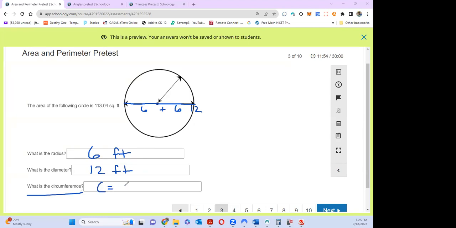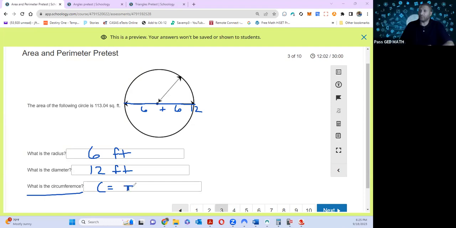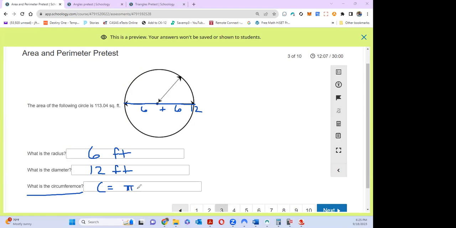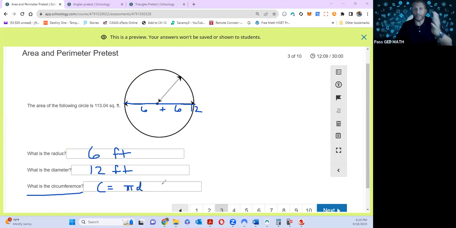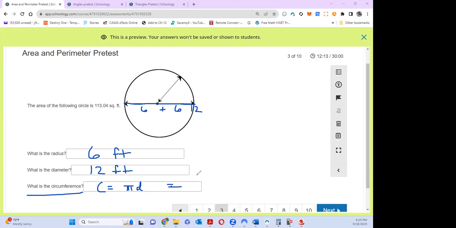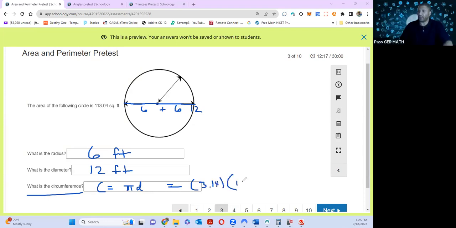We should use C equals pi. Is that right? I don't know. Tell me what it is first. C equals pi D. Pi times D. So what that means is pi times the diameter. Do we know what the diameter is? Yes, 12. So 3.14 times 12.